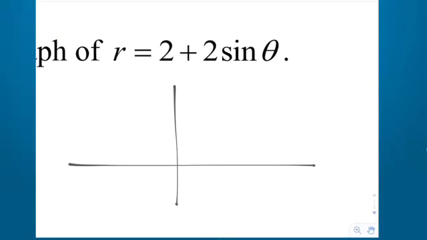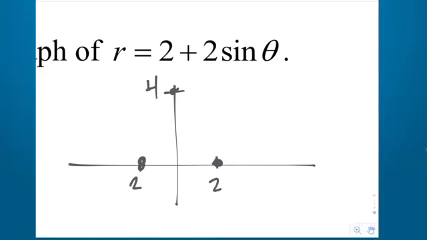If you just hit the quadrantal angles starting at theta equals 0, what's our first radius? When theta is 0, we get 2. As we rotate up to pi halves, sine of pi halves is 1, so we end up with 4. When you go over to pi, sine of pi is back to 0, so we're 2 units in the other direction.